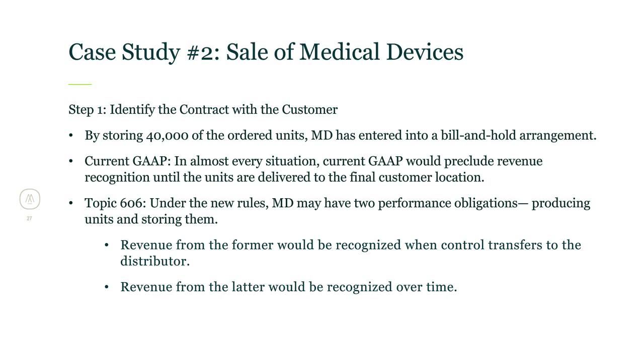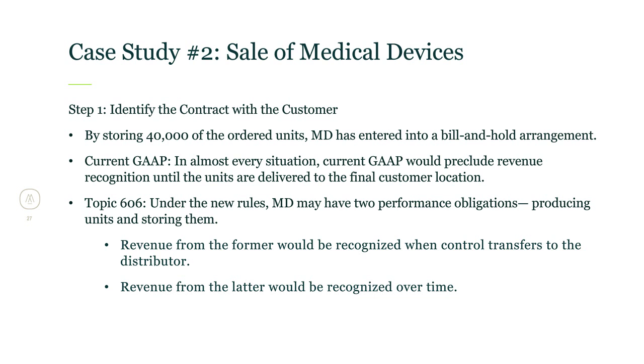Well, in this case, we actually have to think about whether the storage commitment is a deliverable. So under topic 606, you would have two performance obligations, in which the second, the bill and hold arrangement, creates a performance obligation of storage.